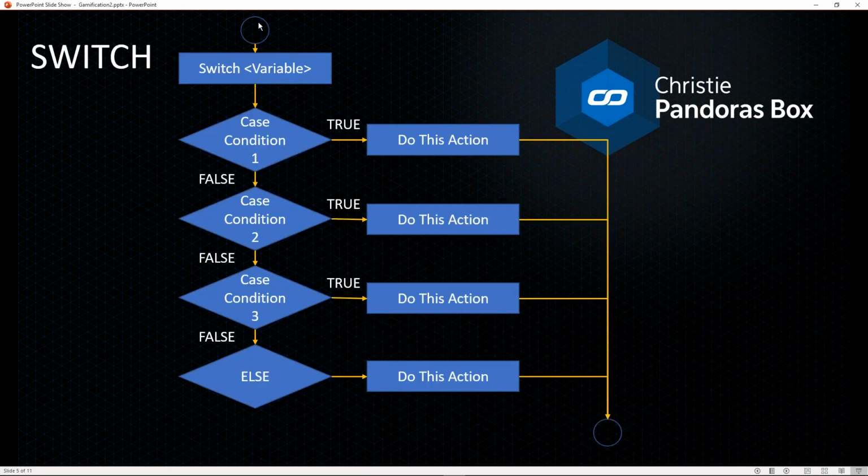A switch has a variable coming in that we want to test. We have our conditions; if one is true, it does the action and exits the switch. If it's false, it continues through until it finds something that is true, or it does the default action if everything is false, which is optional, of course.